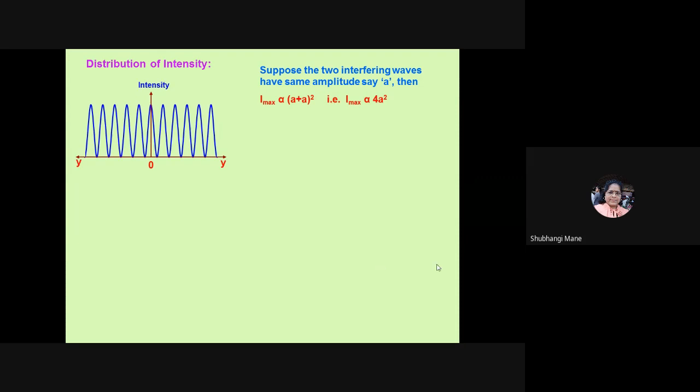Okay, suppose the two interfering waves have same amplitude, then I max is directly proportional to A plus A bracket square.